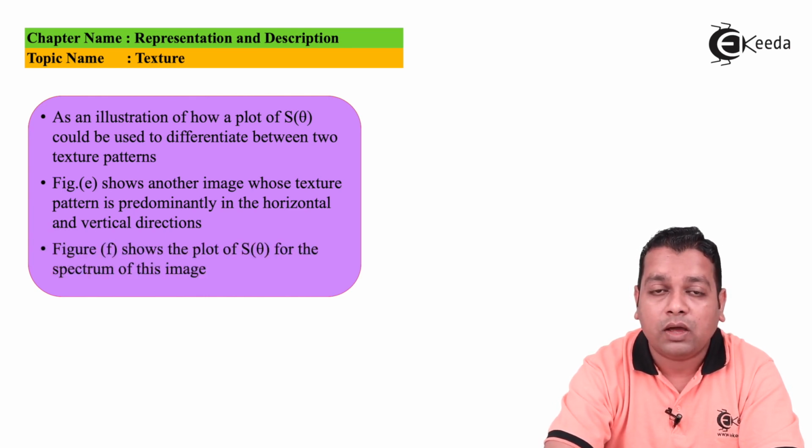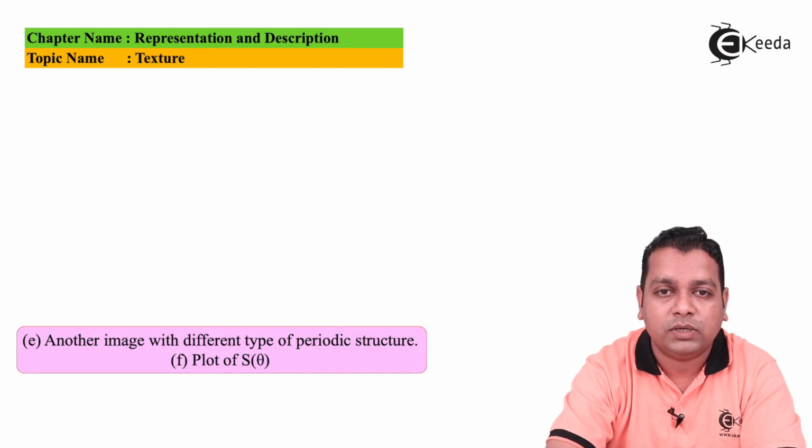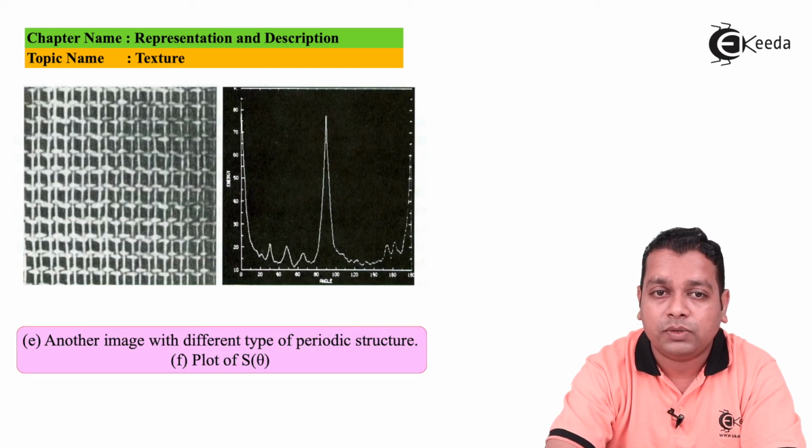Next to that we have figure F showing the plot of the function S(theta) for the spectrum of this image. So here we see both the images. On the left hand side we have figure E, another image with a different type of periodic structure, some kind of net, and figure F, the plot of the function S(theta), on the right hand side.